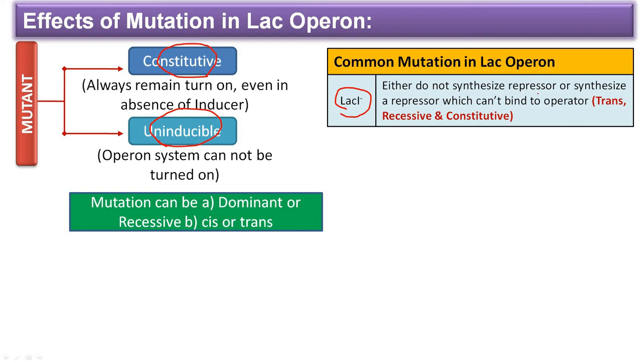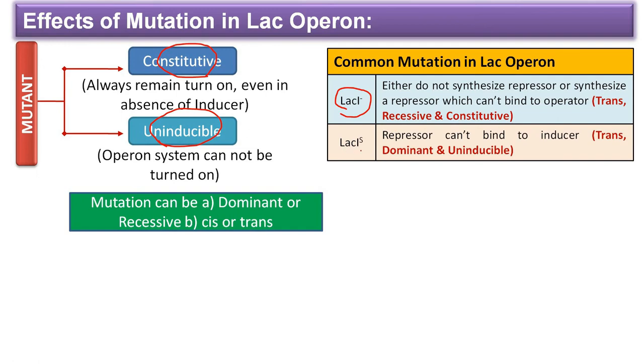It either does not synthesize repressor protein, since the regulator or repressor gene is mutated, so the repressor protein will not be synthesized. And if the synthesis of repressor protein does occur, then it cannot bind to operator. And this is a trans, recessive and constitutive type of mutation. The meaning of this term I have already explained.